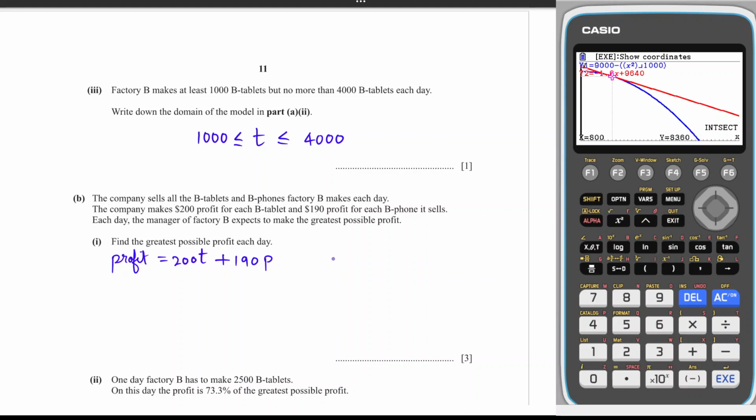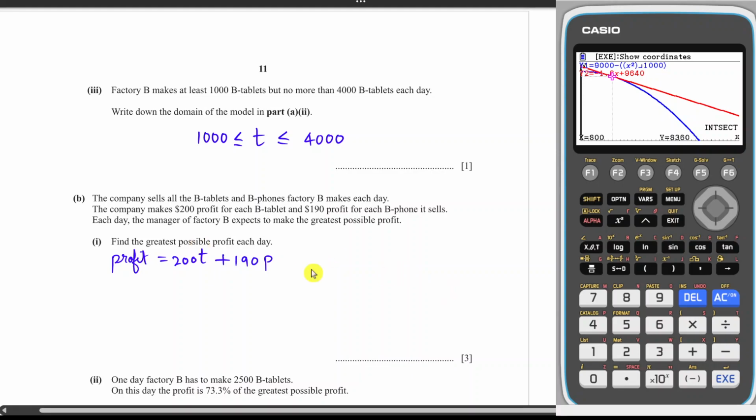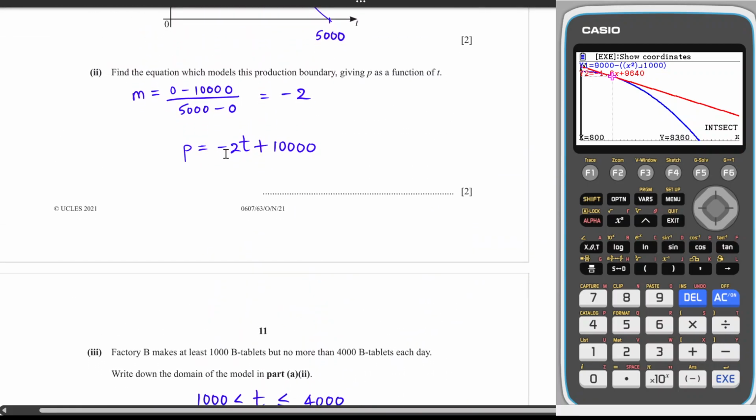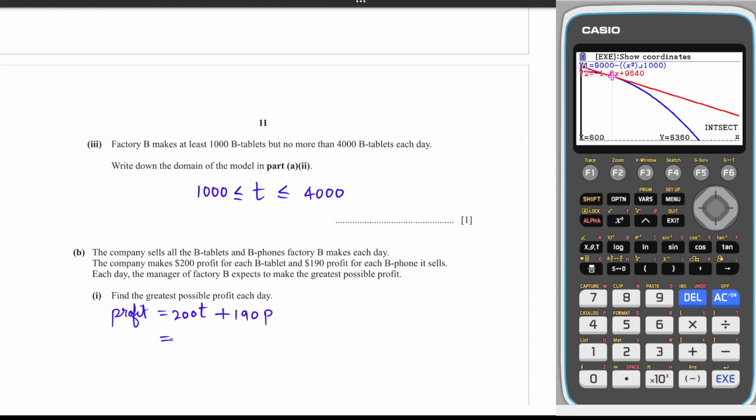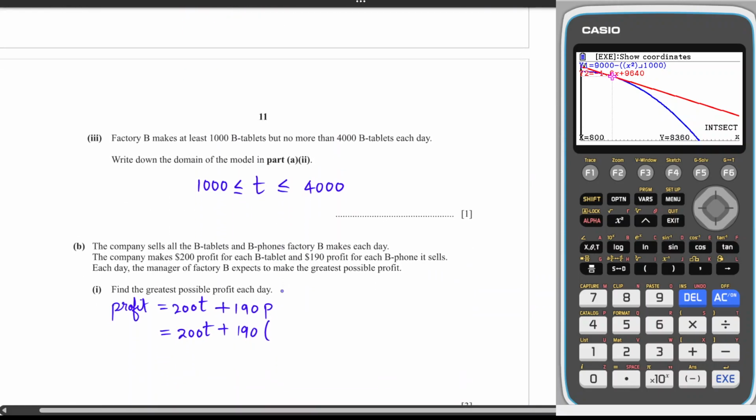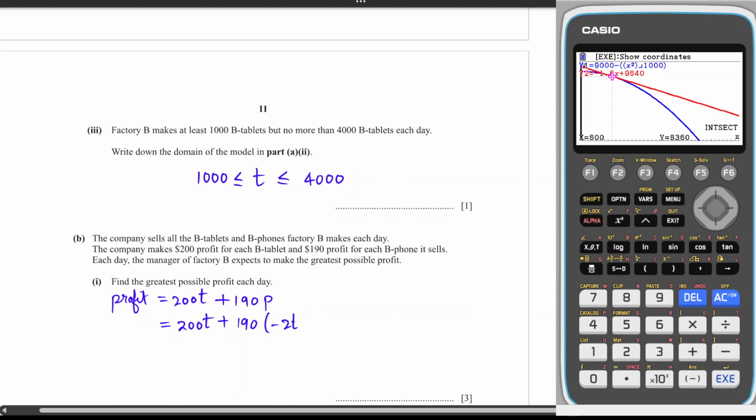Now if I write in terms of the same variable, there are constraints on T and P also. So I can just put this value of P over here, which gives me, in terms of T, 200T plus 190 into my P, which was minus 2T plus 10,000.